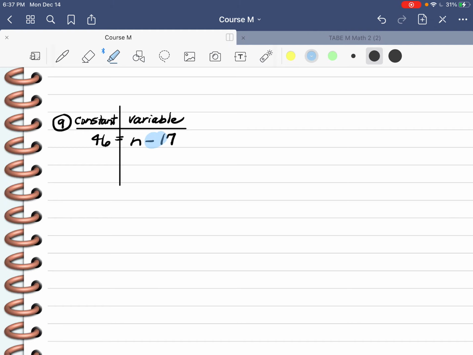What needs to move? Add 17, cancel, copy, standardize.